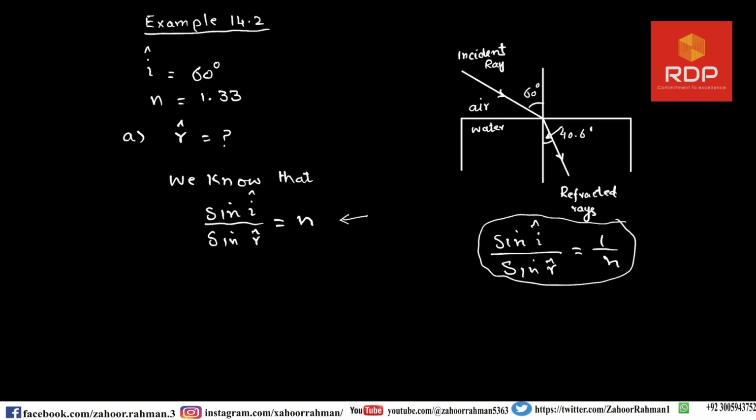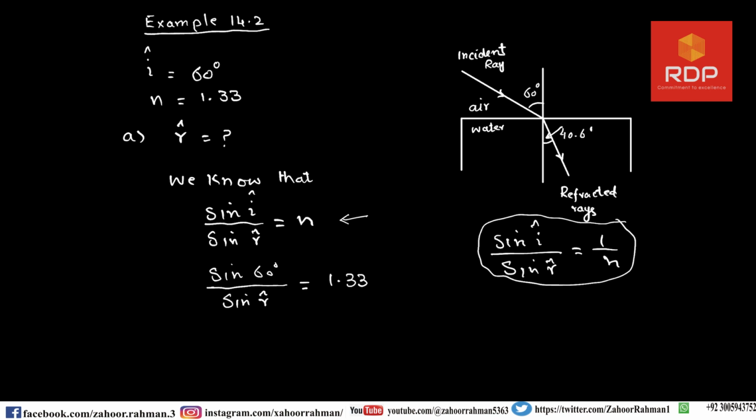The data is given to us. Let me first insert the data. So I am writing sine 60 degrees divided by sine R, because we are going to find this sine R, equal to 1.33.